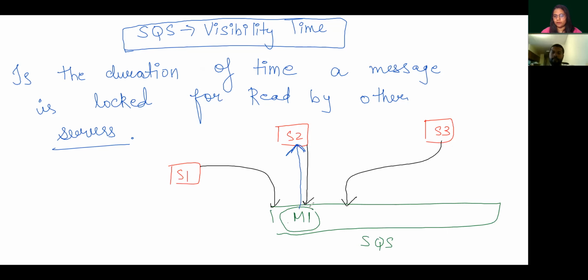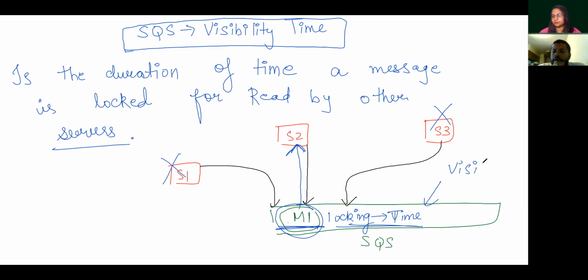So now we have to lock it for some time, so that server 3 and server 1 will not be able to see this message. This locking time of a message is known as visibility time.